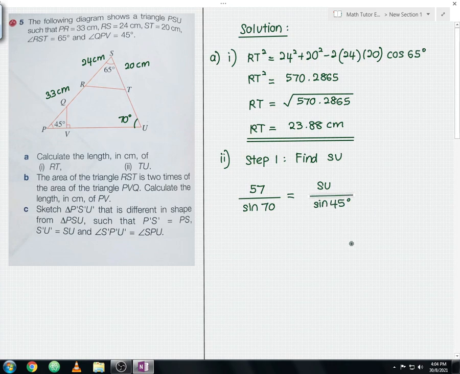Okay, so from here to find the length SU, you're going to multiply 57 with sine 45 degree and divide with sine 70 degree. Okay, so let us continue. SU will be equals to 57 times sine 45 degree, divided by sine 70 degree.